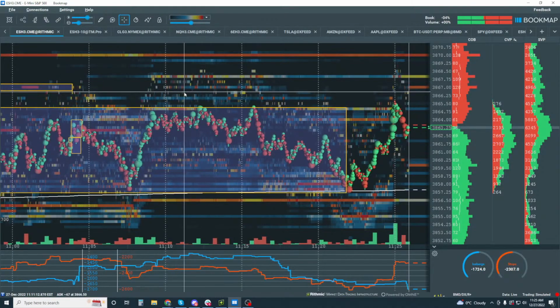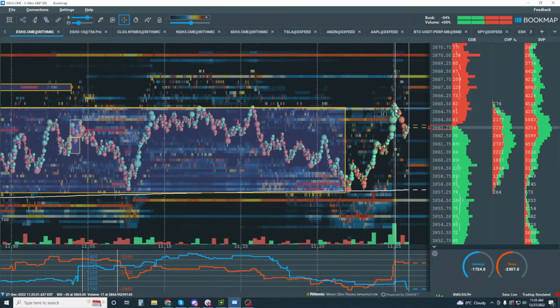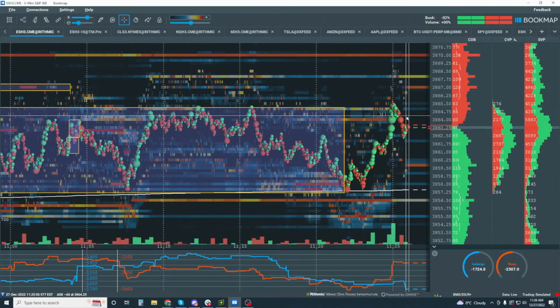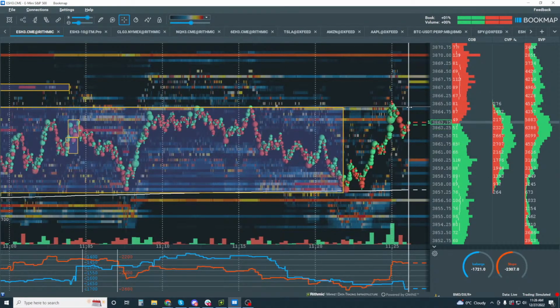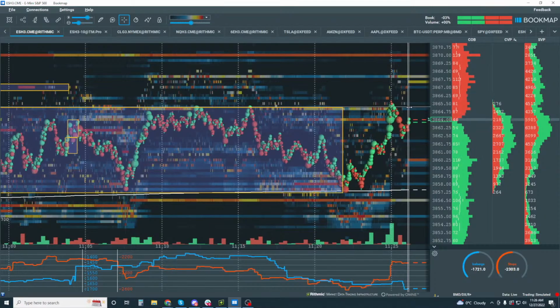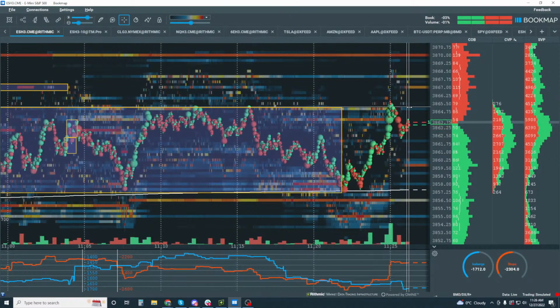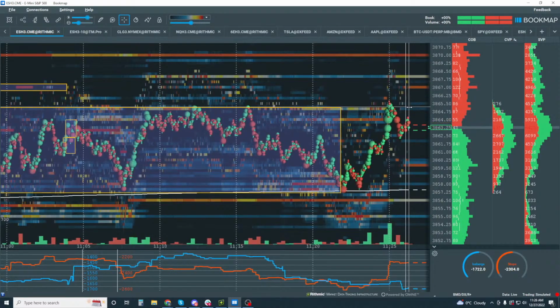like a multi-day break of the high, a multi-day high, right? He's looking for a break of that range, and he will only get involved in those momentum trades when it breaks the high on the daily chart, a previous high, and on strong volume.